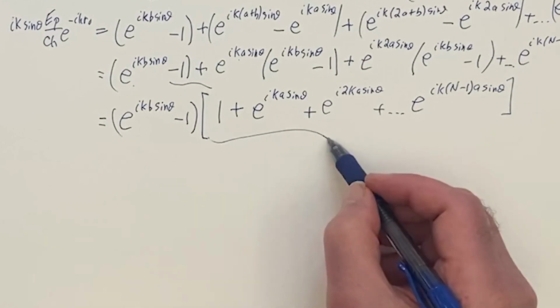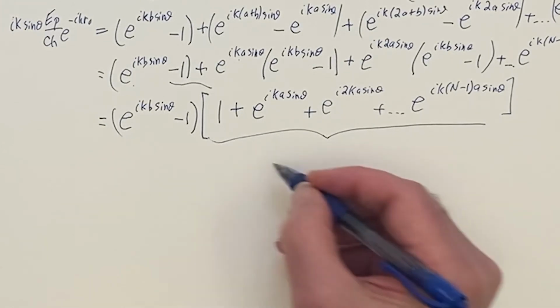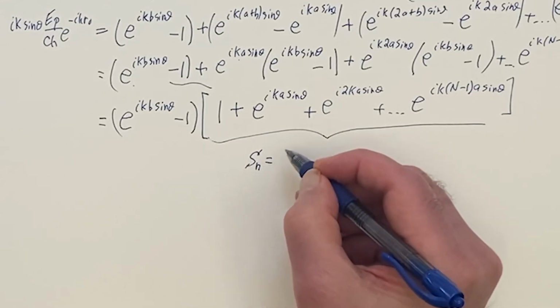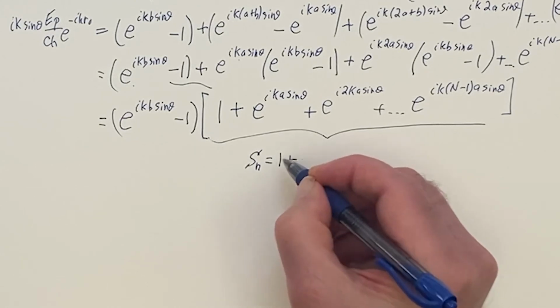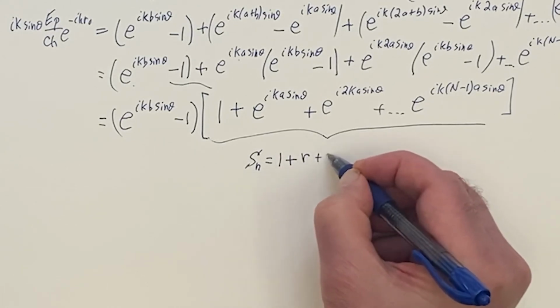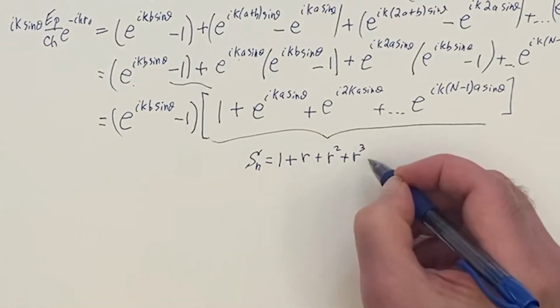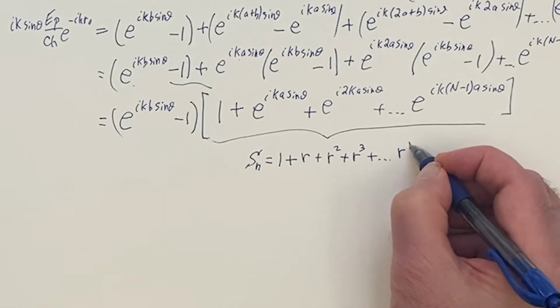Now this is a geometric series of the form, and if I use math notation where they use r to represent the factor, you multiply by 1 times r, r squared, r cubed. You're multiplying by r each step until you get to the r to the nth power.